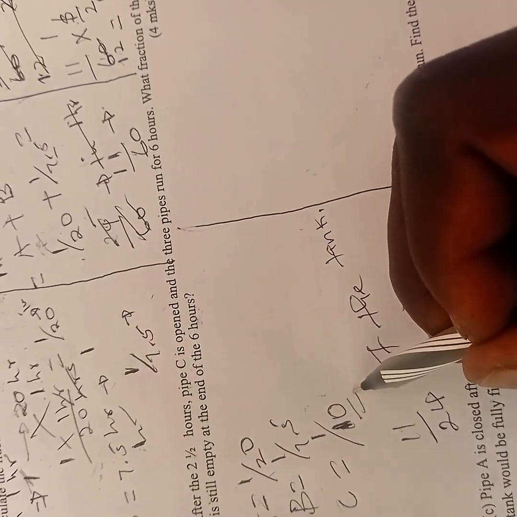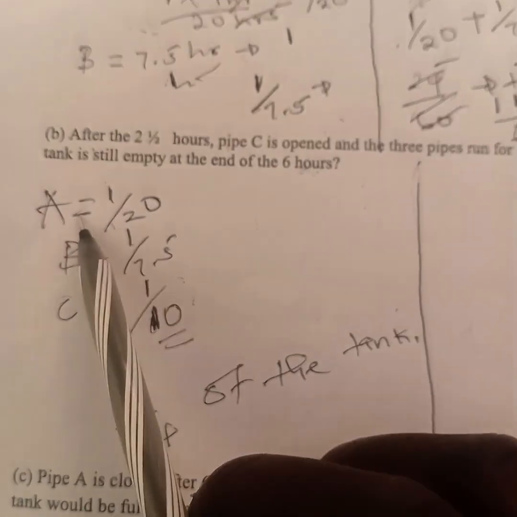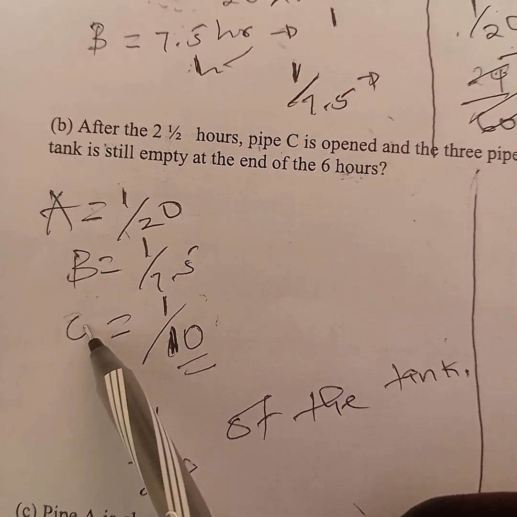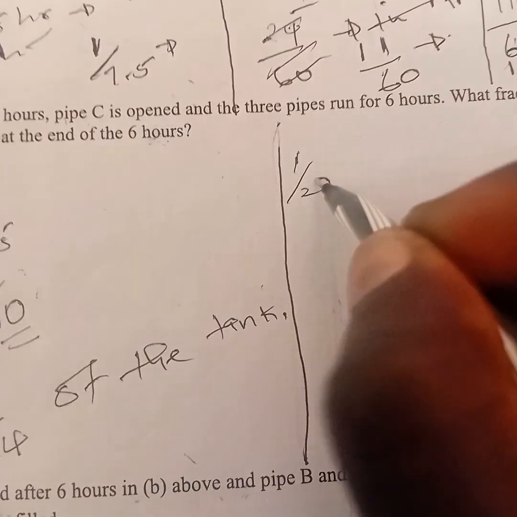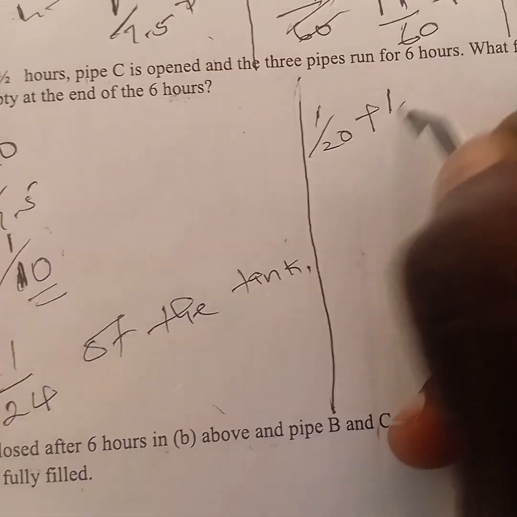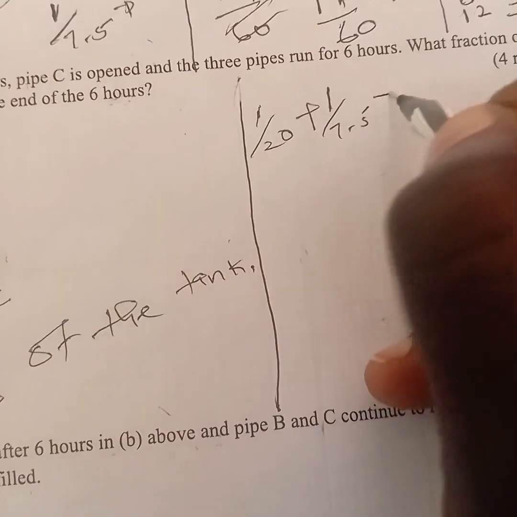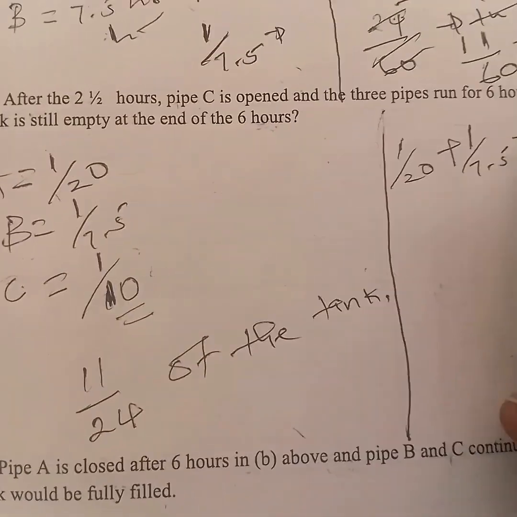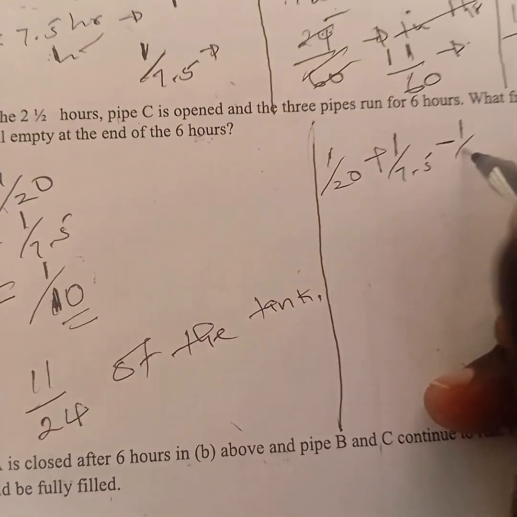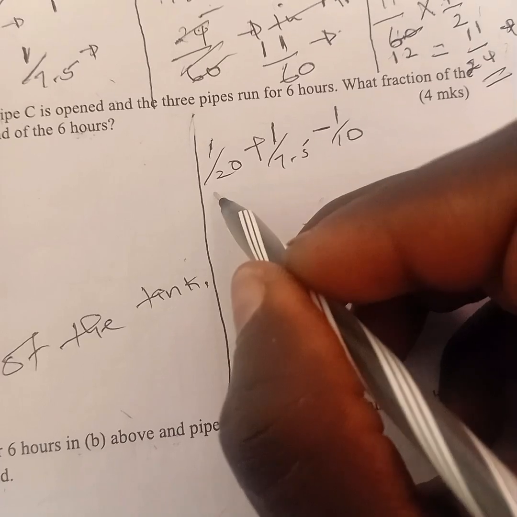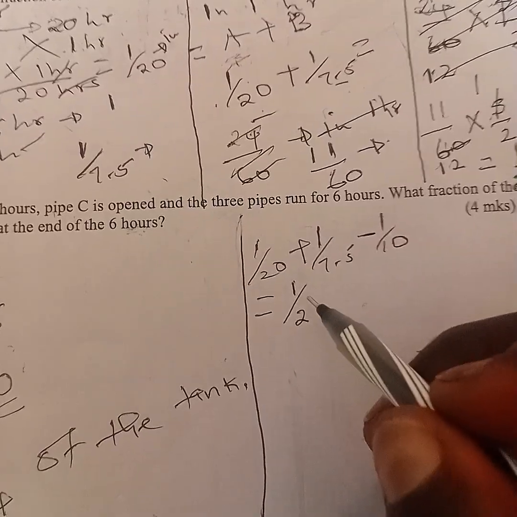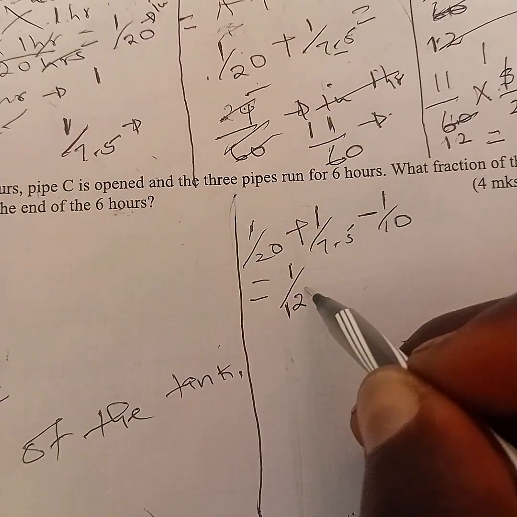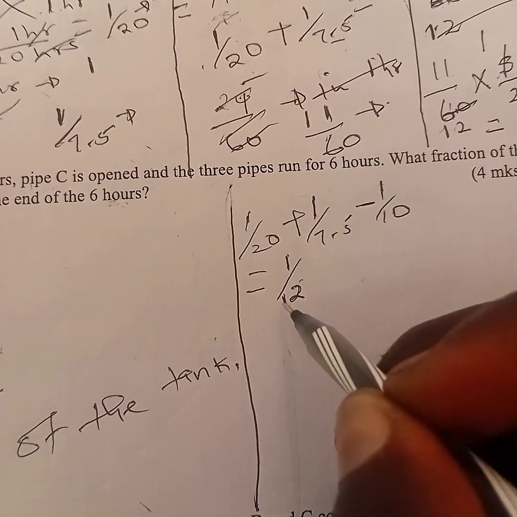Find the fraction of water in 1 hour of all 3 pipes, which is 1 over 20 plus 1 over 7.5. Then we minus because C removes water from the tank, which is 1 over 10. When we calculate this, you can put it into your calculator, we will find that it is 1 over 12 in 1 hour.